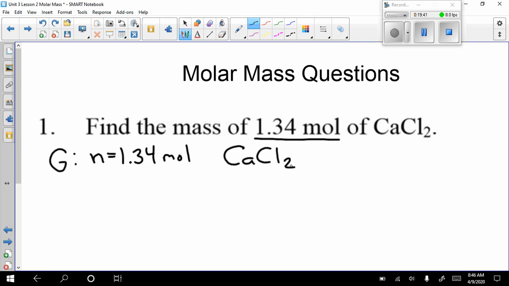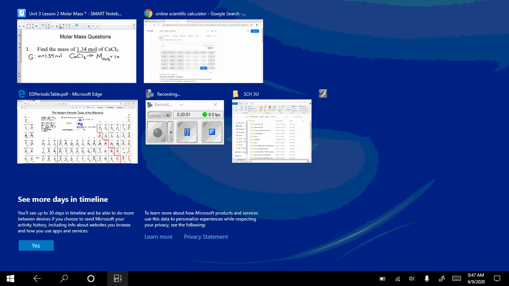Well, as soon as you're given the compound, using your periodic table, you can go and calculate the molar mass. So I need the capital M, and I'm going to do CaCl2 is equal to. Well, there's 1 calcium there, so 1 times, and I go to my periodic table. Here we go.